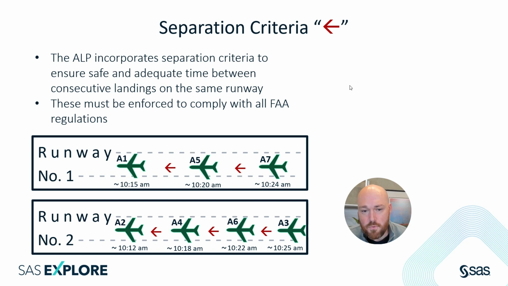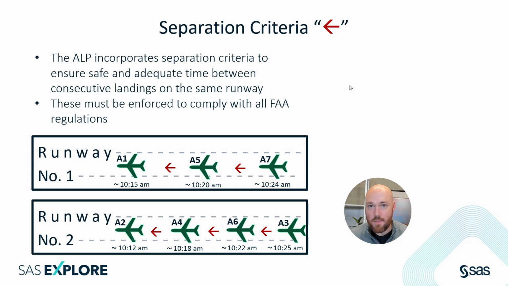The ALP incorporates this separation criteria primarily to ensure safe and adequate time between consecutive landings on the same runway. Now, the FAA gives guidelines and certain specifications for what those separation criteria are, depending on the size of the airplane, turbulence, and things like that.